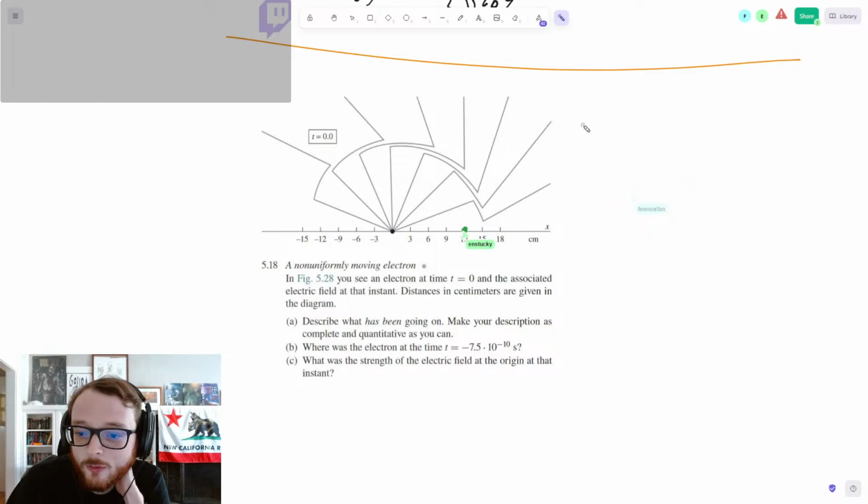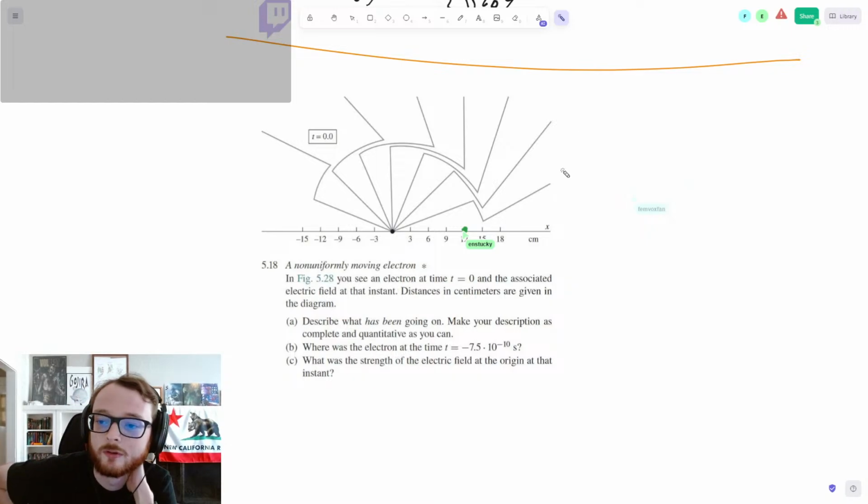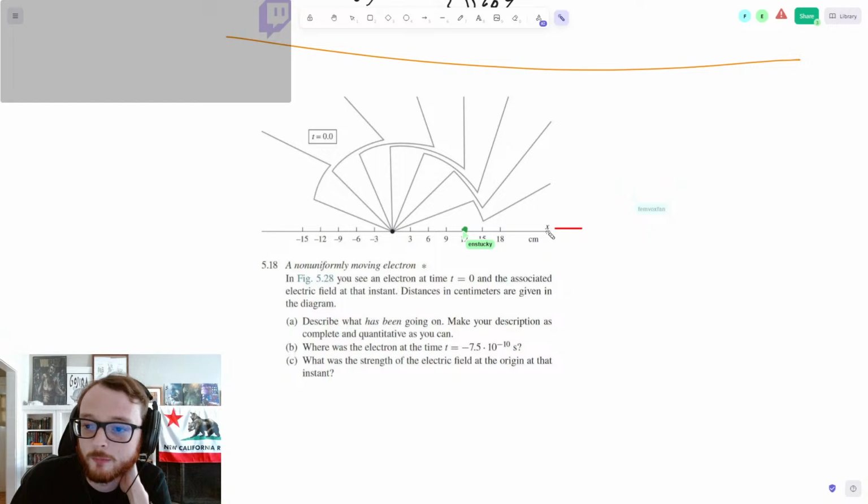And they do want a quantitative description. What does that mean? It moved from... Does that mean it started at 12 centimeters and moved to 0? I think we would guess it decelerated, like it was maybe moving at a constant velocity from beyond 12, and then it started decelerating, I assume uniformly, between 12 and 0.